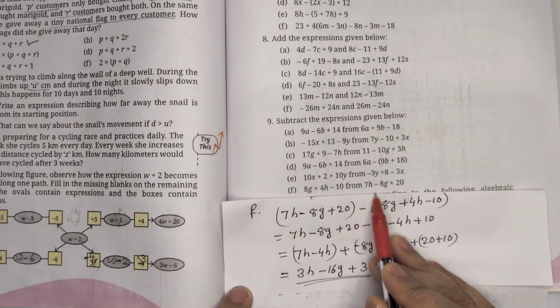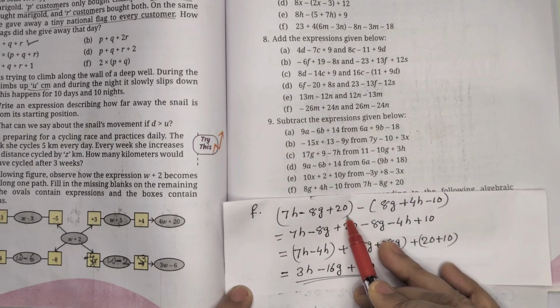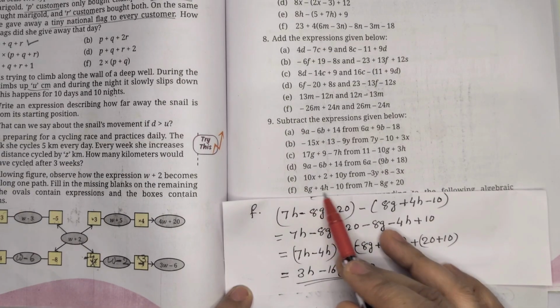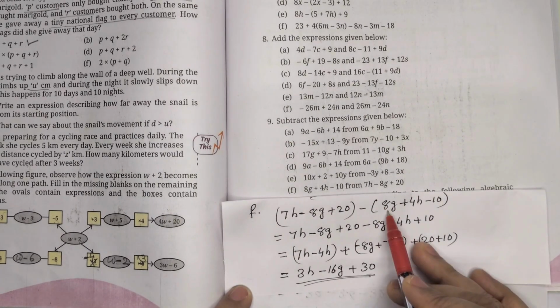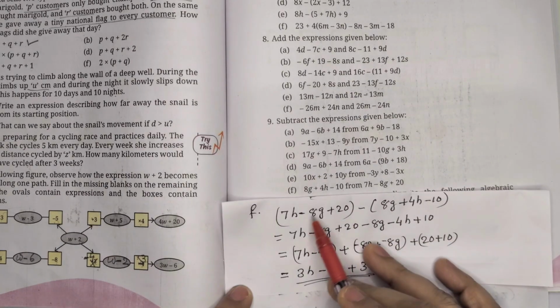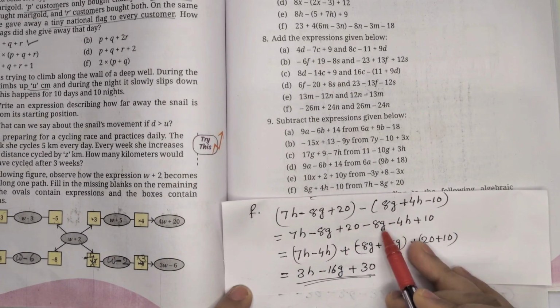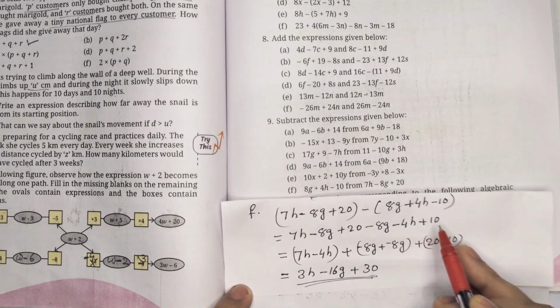Now the F. Second expression, 7h minus 8g plus 20, that we are writing in the first bracket, so that minus first expression. Second expression minus first expression. Open the bracket, all the terms same as that. Here minus 8g minus 4h, minus into minus plus 10.